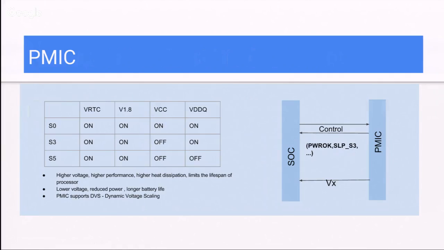You can search for the Braswell PMIC data sheet online and see what it does. There are multiple voltage regulators inside it. And there is this handshake with the SOC where the SOC knows when the power rails are stable. So the power OK goes from the PMIC to the SOC. So there is a handshake, and then there are the voltage rails that can be turned on and off through that handshake. This is how some of the rails will be turned off in S3.